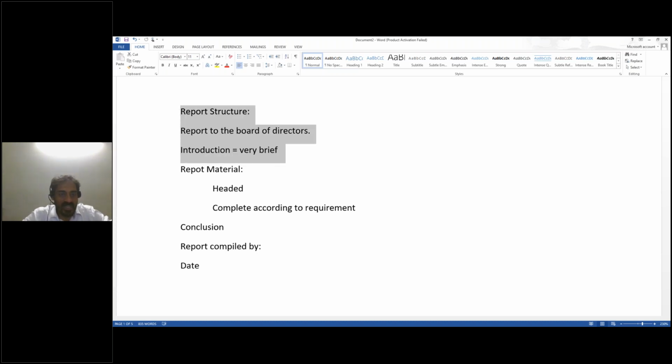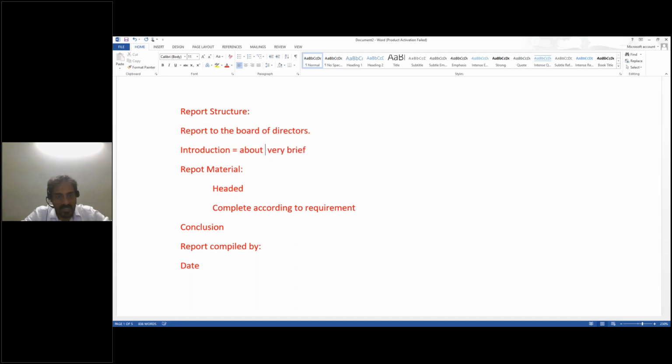Whenever you are working with the report, the very important key points. Number one, report structure. Means you have to mention that, for example, start with the report to the board of directors. Then make a heading, introduction.